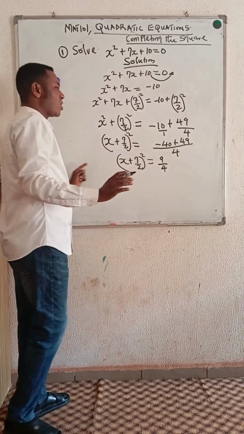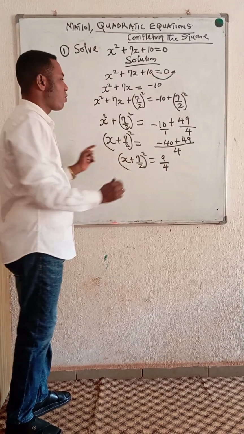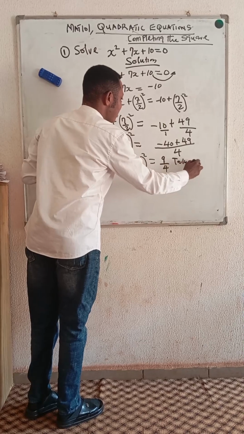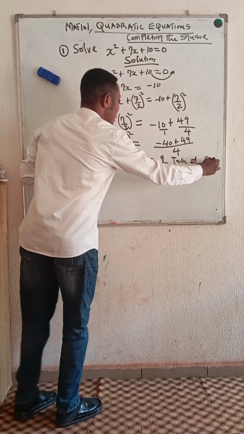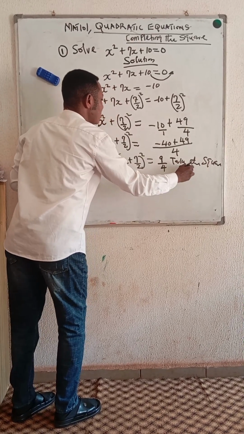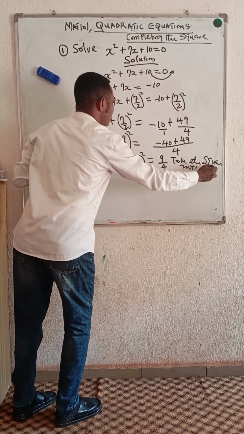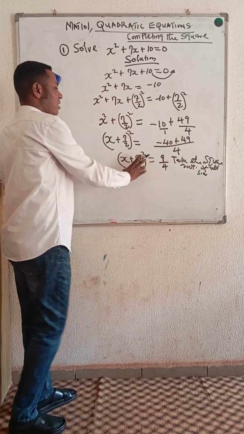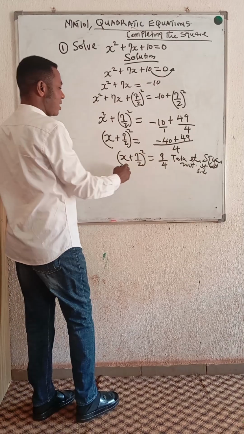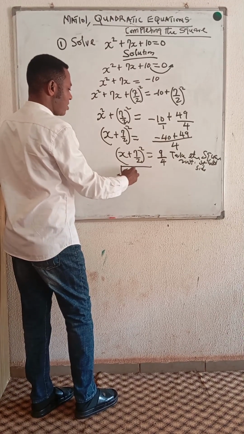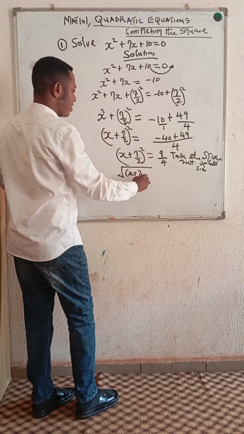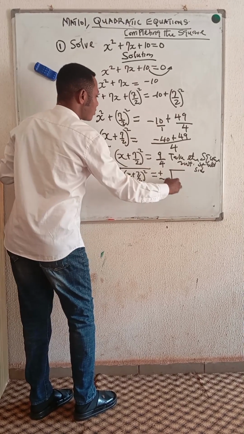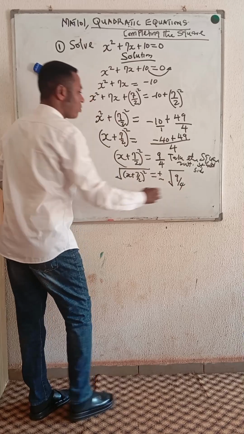The next thing to do is to take the square root of both sides. Mind you, this is 9 over 4. Take the square root of both sides, that is both left and right hand side. So when we do that, we have the square root of x plus 7 over 2 squared is equal to plus or minus the square root of 9 all over 4.